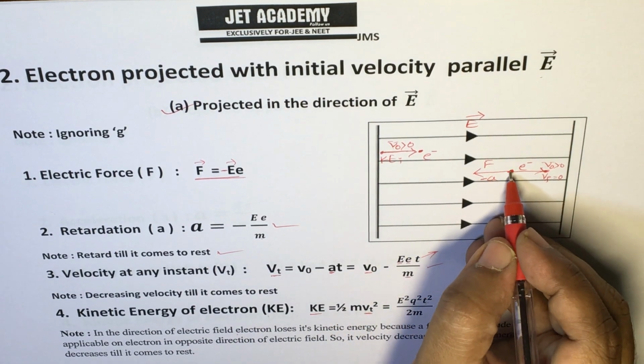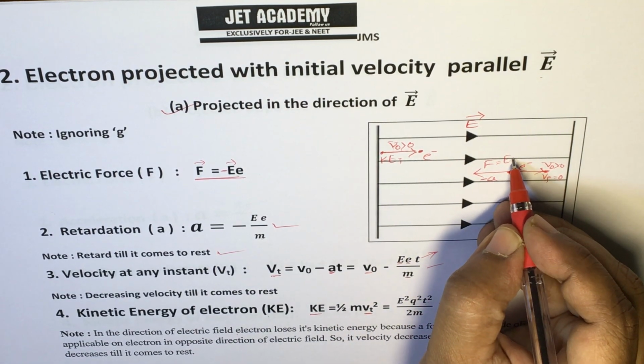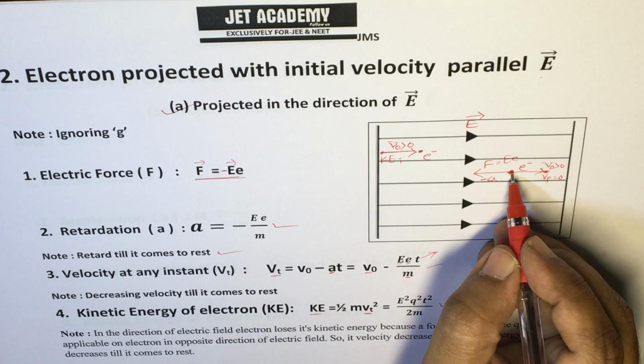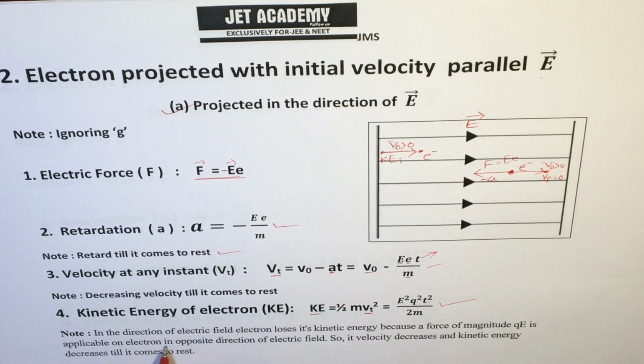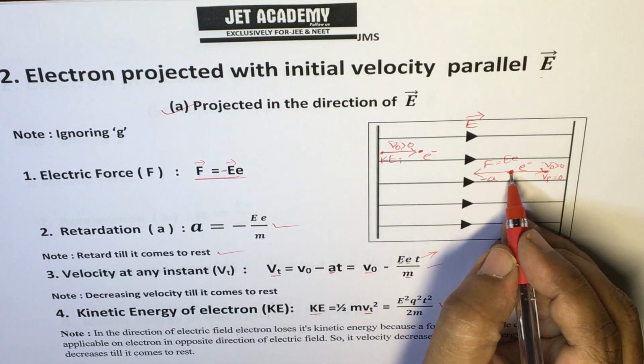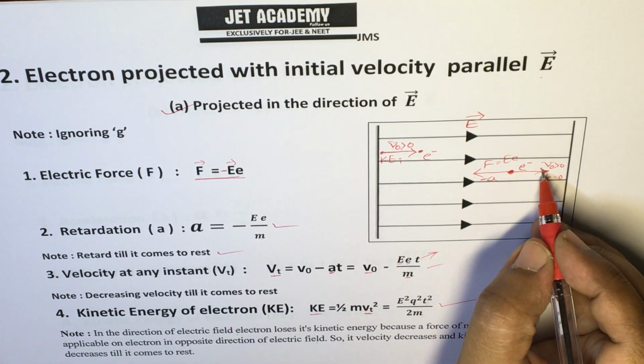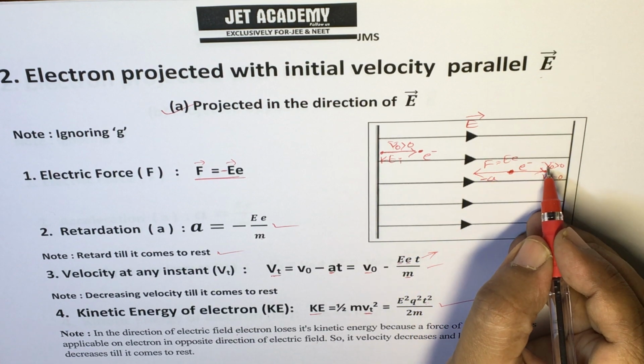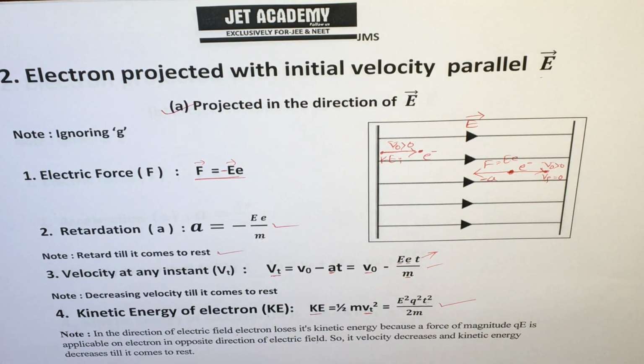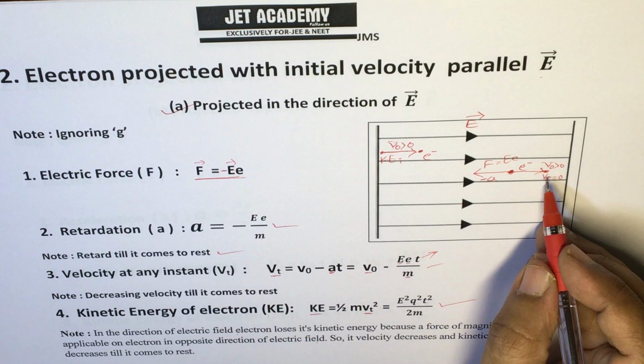The force F is equal to eE, acting opposite to the initial velocity, opposite to the direction of the electric field. So its velocity decreases. Hence it is moving in this direction, the force is acting opposite, its velocity goes on decreasing, and kinetic energy decreases till it comes to rest.